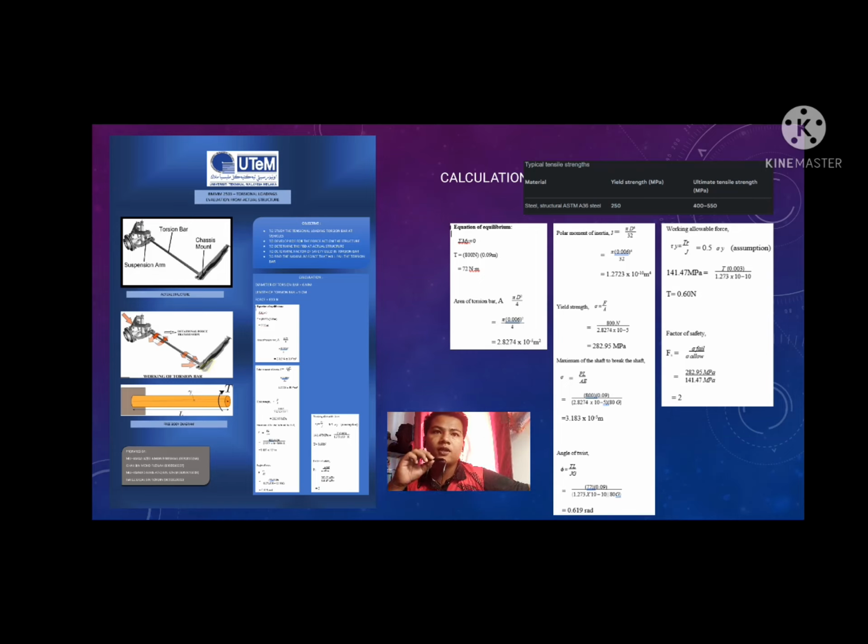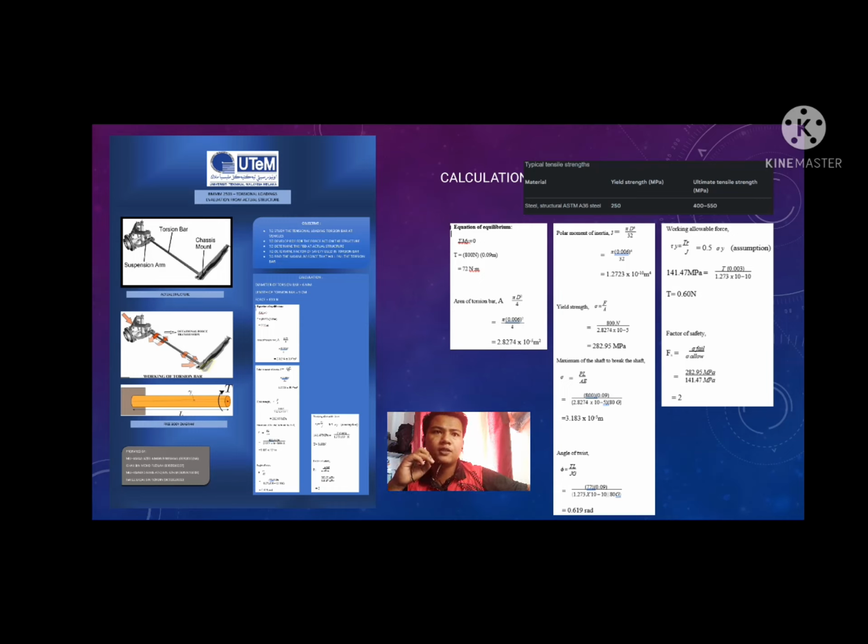Angle of twist after applying the force is torque times length divided by modulus of rigidity multiplied by torsional constant. We get the calculation is 0.619 radian or 35-degree twist.